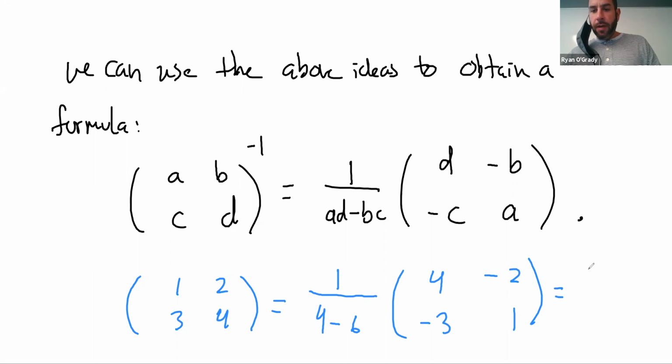And if you simplify this, this is negative 2, 1, positive 3/2, and then negative 1/2.